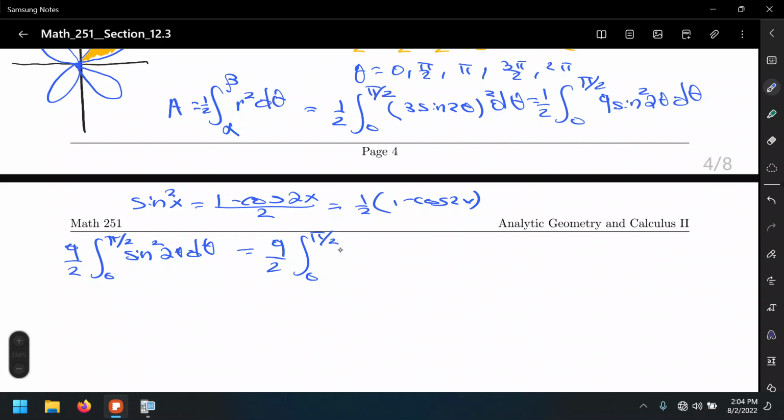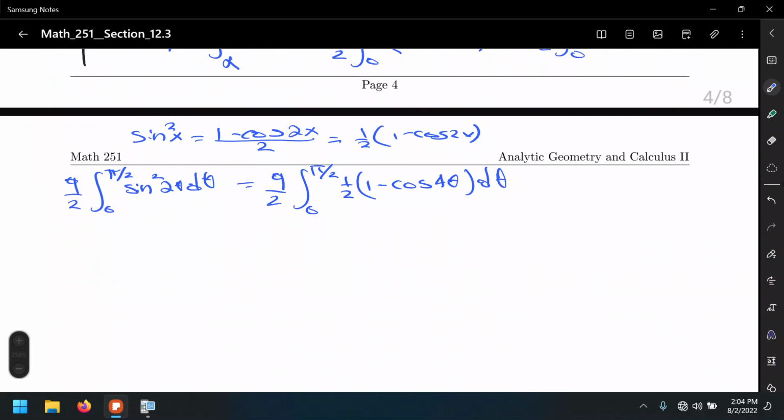So that's 1/2 times 1 minus cosine 4 theta d theta. And we can take that 1/2 outside and multiply with the 9/2. That's 9/4 integral from 0 to pi over 2 of 1 minus cosine 4 theta d theta.